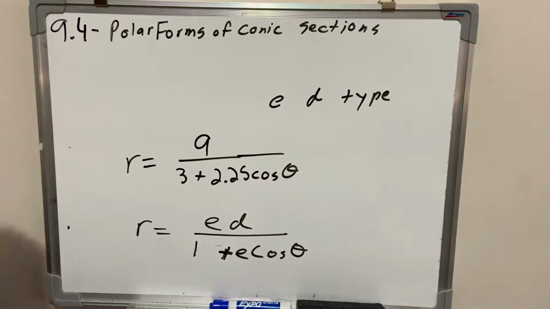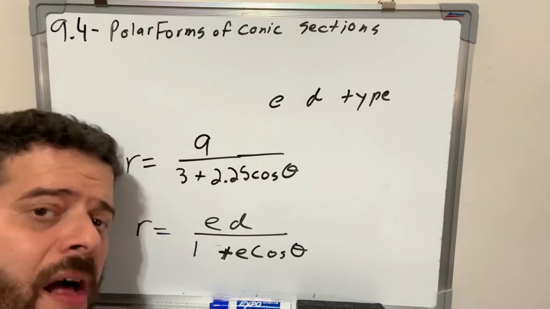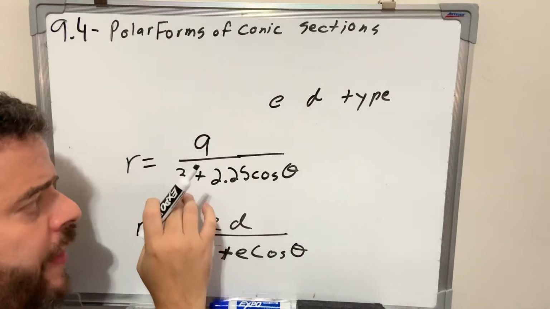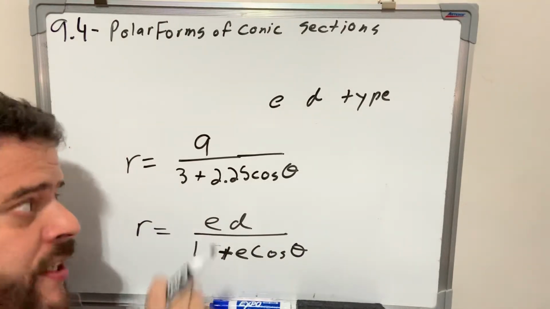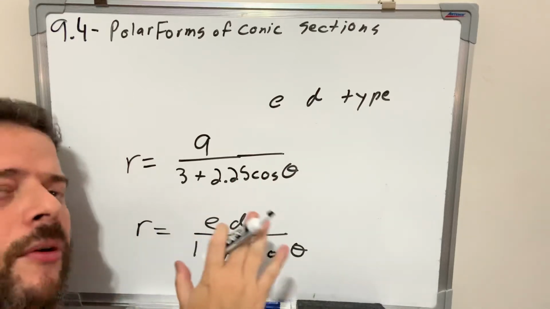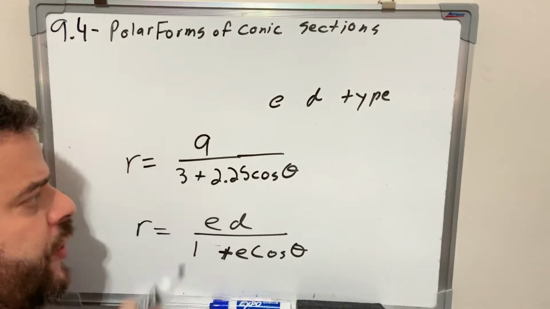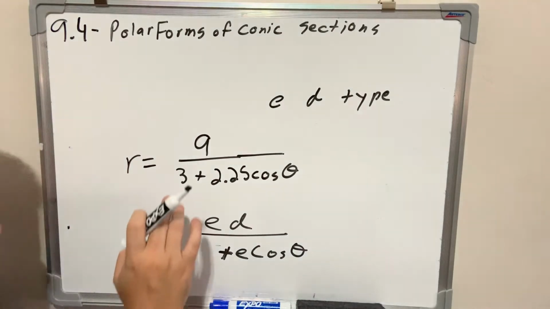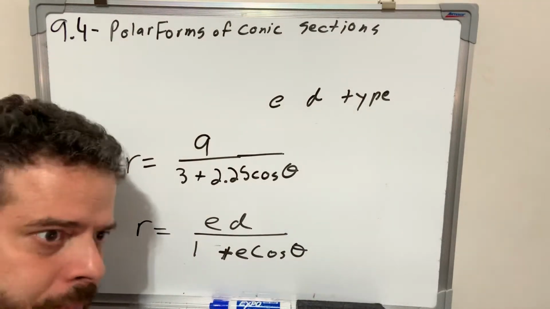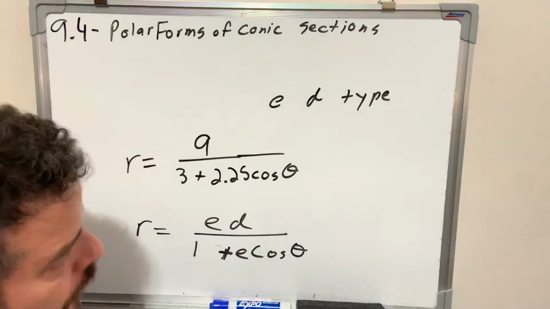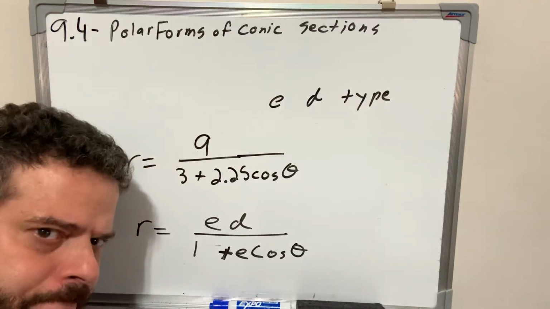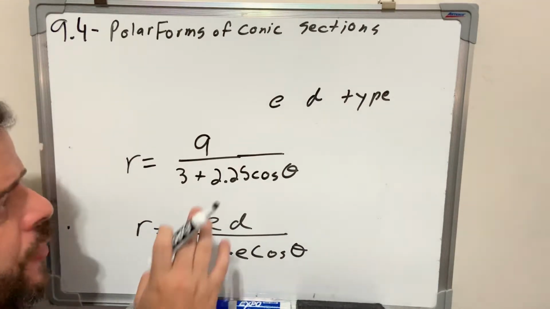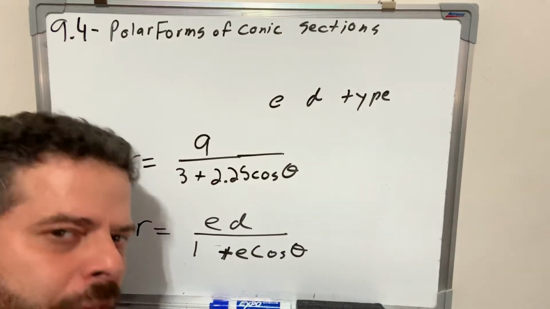The easiest way to do this is the following. The number that is constant, which isn't always the first one, you have to order it properly. You have to turn this into a 1. So what is the easiest way to turn 3 into a 1? You divide everything by 3.